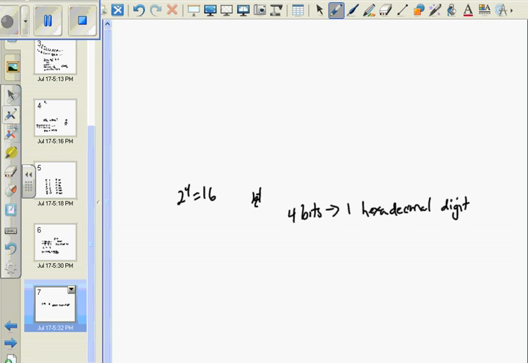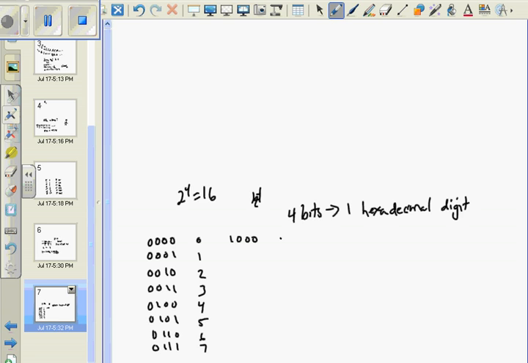All right, so let's first look at all of our hexadecimal digits. We need 4 bits to represent one of them. So the first one we have is a 0. This is our 0 in hex. Then we have a 1. This is a 1, a 2, a 3, and a 4, a 5, and a 6, a 7, and 8, and 9, and 10.